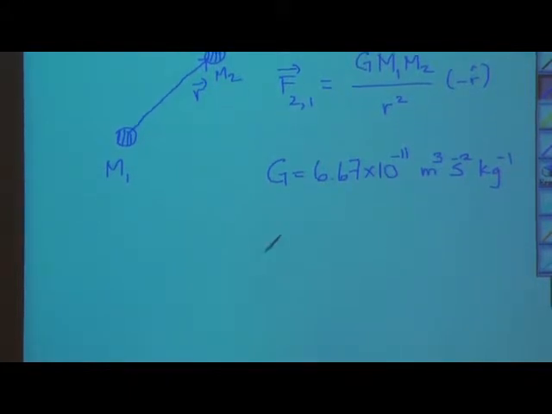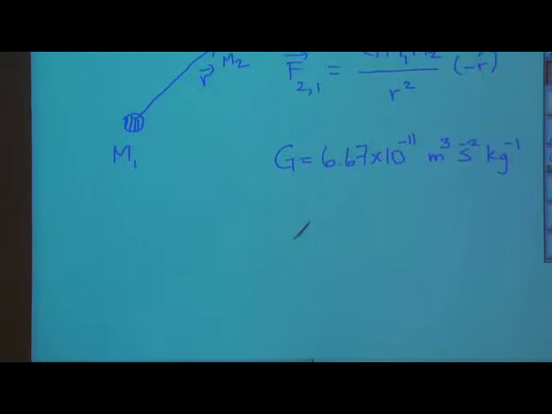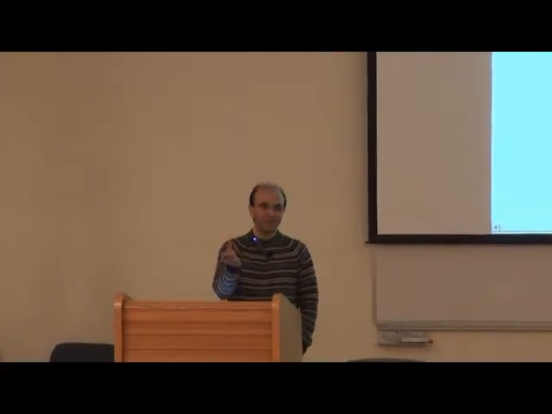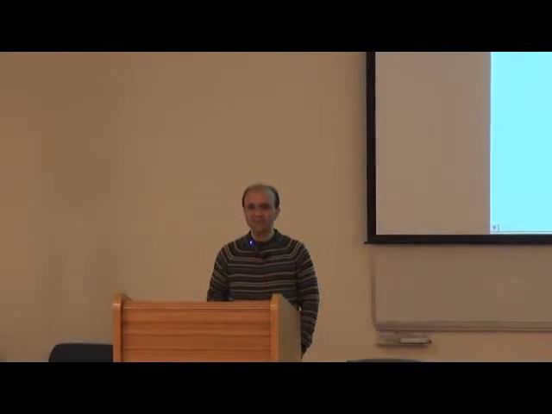Now, this force, gravitational force, is discovered by someone famous. You already know this person, and now you should tell me at least this name. Who discovered the gravitational force? Or who identified?